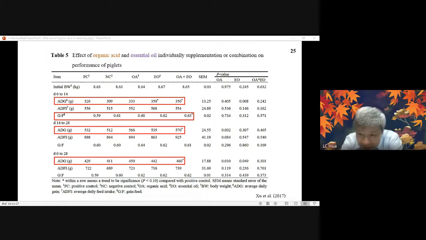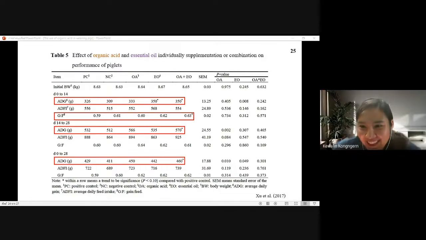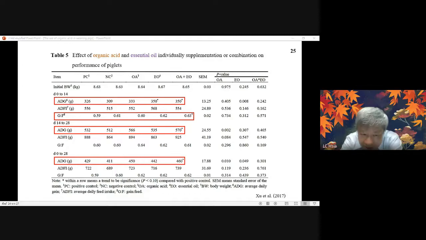Can I answer this question? Because this question is for the professor. Professor always asks this kind of question. They only consider the figures, not the other things.